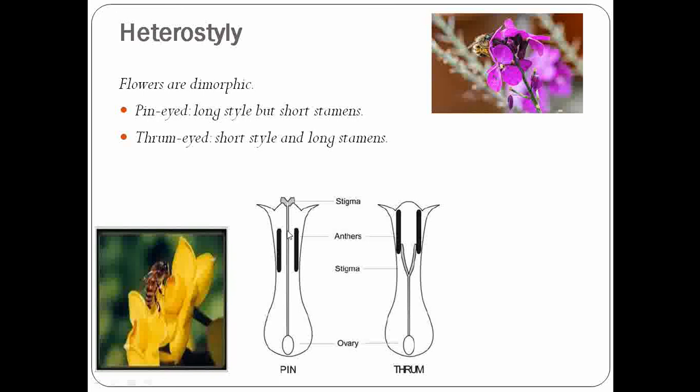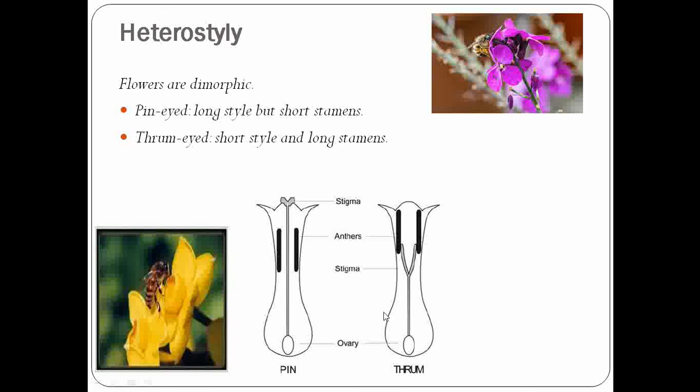But if you consider the position of the anthers, here the anthers are present at the middle. If the flower is like that, then self pollination is avoided. The pollen grains from the base cannot transfer towards the apical stigma, the stigma which is present at the apex. That's why there is a chance of cross pollination even though the flower is bisexual.